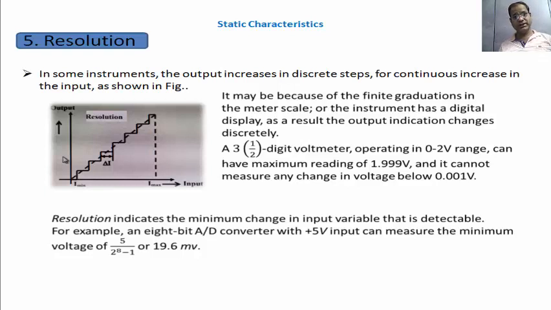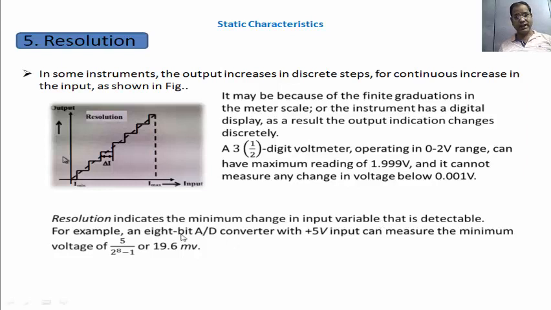Suppose I take a 3.5 digit voltmeter. Operating in the 0 to 2 range, it can have a maximum reading of 1.999 volt, and it cannot measure any change in the voltage below 0.001 volt. So you cannot go below this. So resolution indicates the minimum change in the input variable that is detectable in the output.